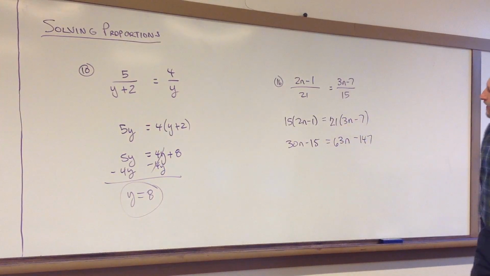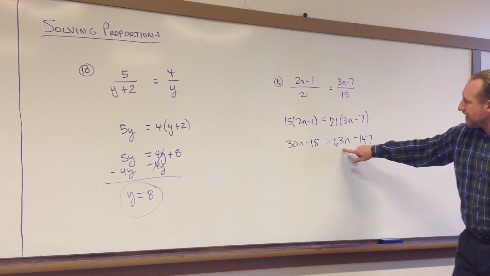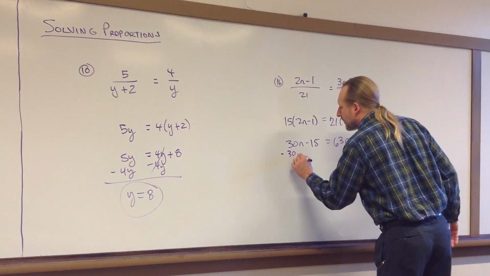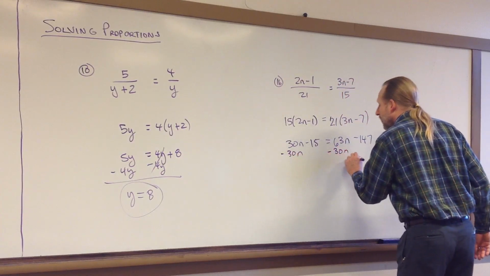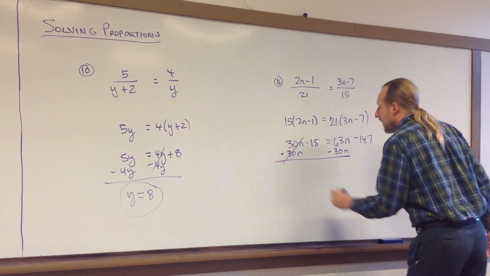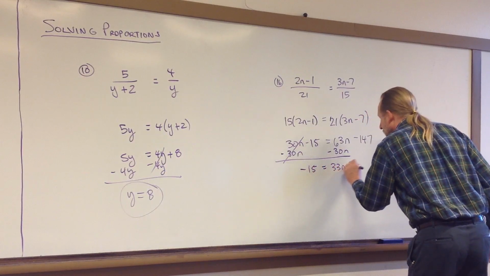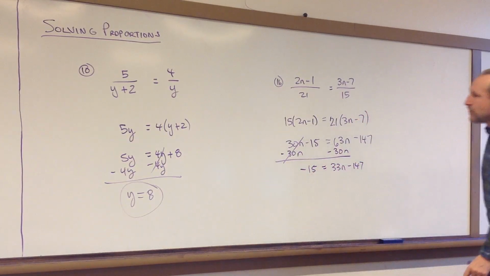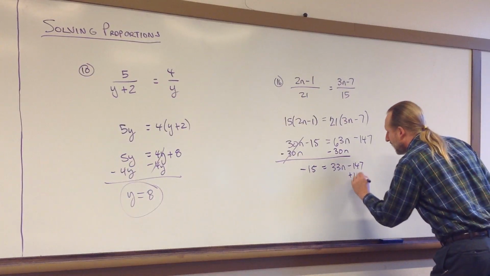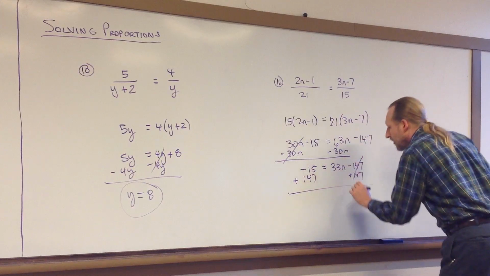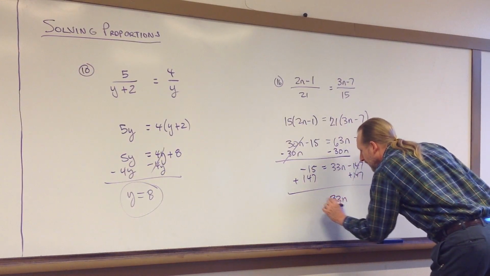Okay, so let's see, I'll move the 30n over here. And then move the 147 over here. So subtract 30n on both sides. And that'll give us negative 15 equals 33n minus 147. And then add that 147 to both sides. So 33n.